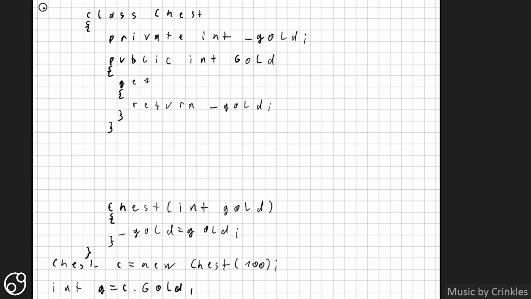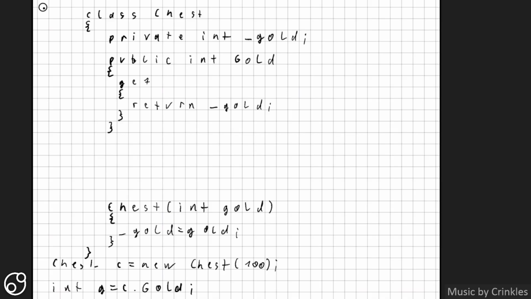That looks better. Like that. In the same way, if we had a set part in this property, we could just write c.Gold equals something, as if it was a field. So when you write this out, when you use it, it looks like a field, but when you define it in your class, it resembles a method more.